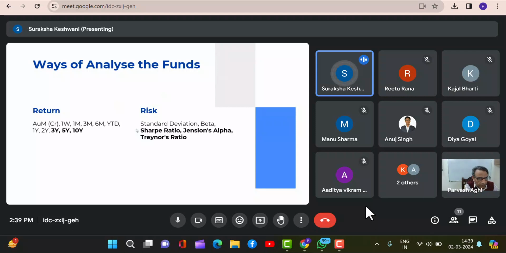Now let's talk a little bit about risk. We are all aware of the two risk measures, standard deviation and beta, which talk about the volatility of a stock or a share. It's the same case with mutual funds, but here we consider three ratios, which are Sharpe ratio, Jensen's alpha, and Treynor's ratio, which elaborate more on risk and return.